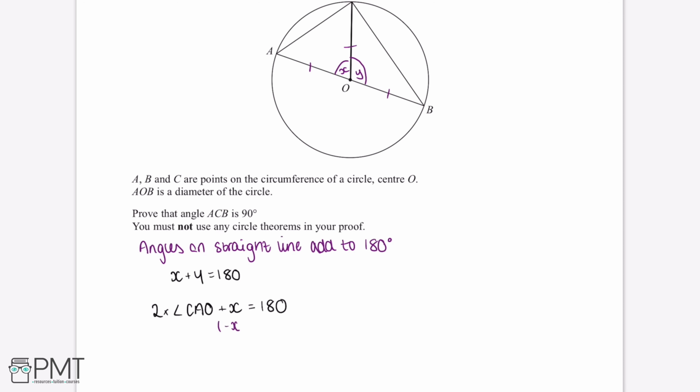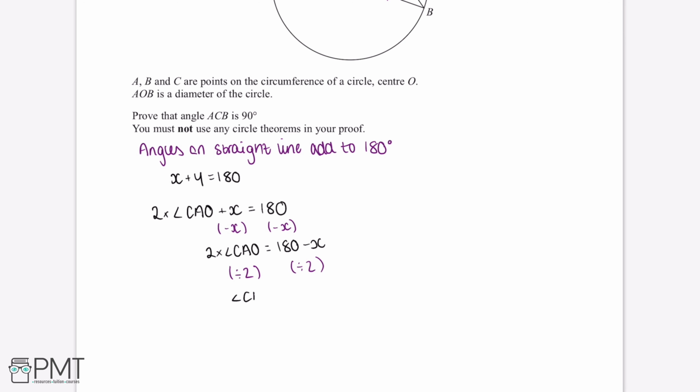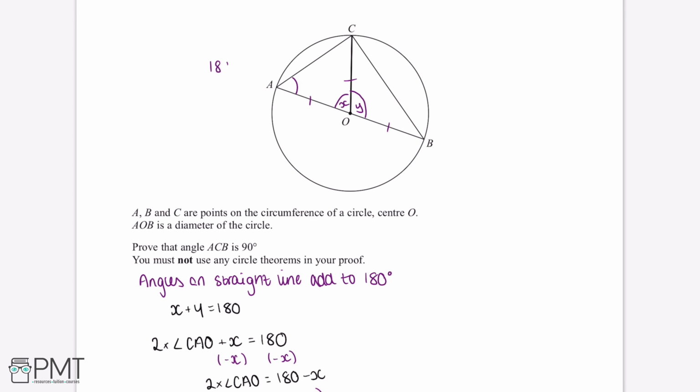And if we minus X from both sides, this gives us that 2 multiplied by angle CAO is equal to 180 minus X degrees. And if we divide both sides by 2, this gives us that angle CAO is equal to (180 minus X) divided by 2 degrees. So we can write this into our diagram.